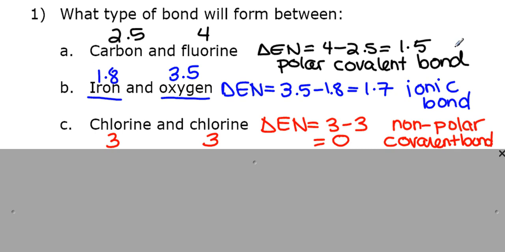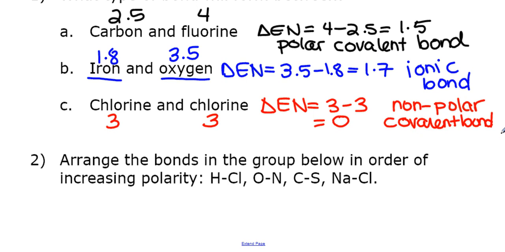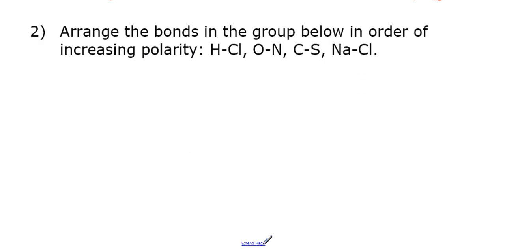All right, let's try out one more problem and see how it goes. This question says, arrange the bonds in the group below in order of increasing polarity. So increasing polarity means from least to most in terms of electronegativity difference. More difference means more polarity.